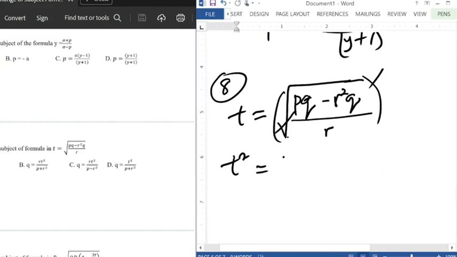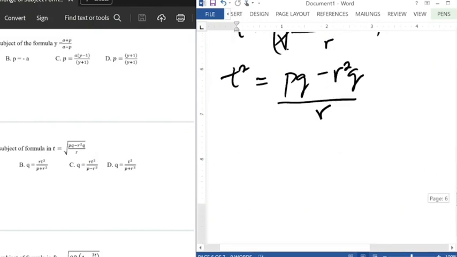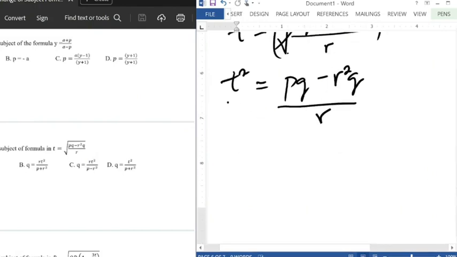So that will be t squared equals pq minus r squared q, all over r. So what we're going to do next is to cross multiply here. When you cross multiply, we then have pq minus r squared q equals r t squared, right?